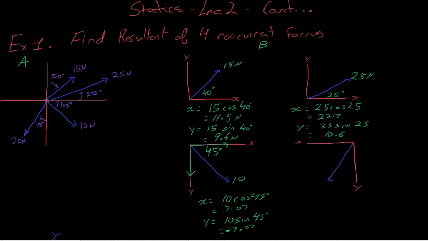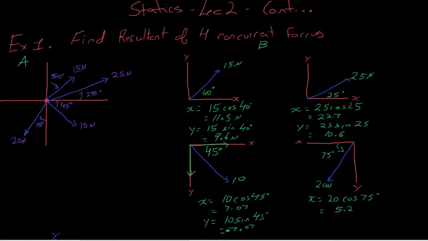So then we have this last force over here, 20 newtons. It's 15 degrees from the y-axis, but we always take it from the x-axis. So this would be 75 degrees. X is equal to 20 cos 75 degrees, which equals 5.2.